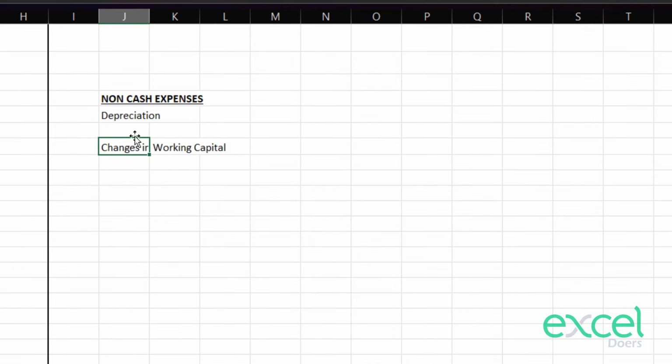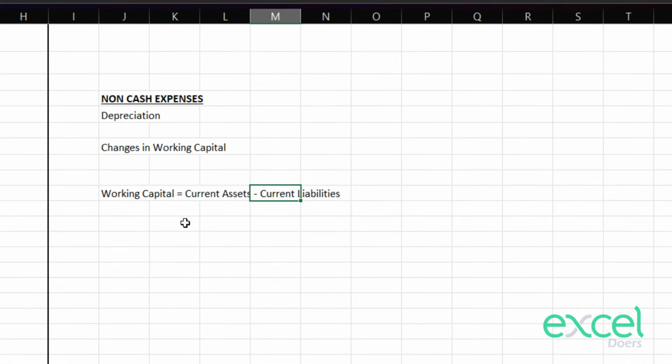Now what is working capital? The working capital is equal to current assets minus current liabilities, right? Current assets minus current liabilities. Please remember what happens when your asset increases.